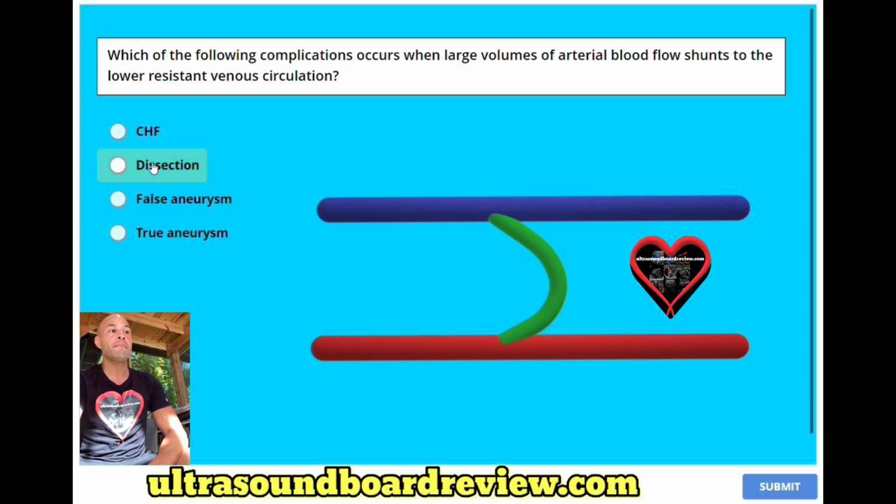A, CHF, B, dissection, C, false aneurysm, or D, true aneurysm? The answer is A, CHF, or congestive heart failure.